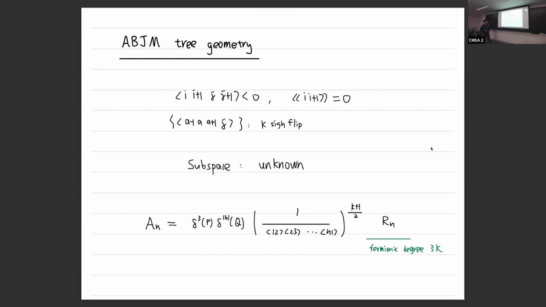In our paper, we give a candidate for the amplitude, at n equal 4, to filter out the NHV, and we have a candidate for the filter factor. The remaining R_n for ABJM is a 3k form, so we need to clear out the 3k subspace from this kinematic space. It's an open question whether the R_n we introduce in our paper is a canonical form of this 3k subspace of the kinematic space. Okay.